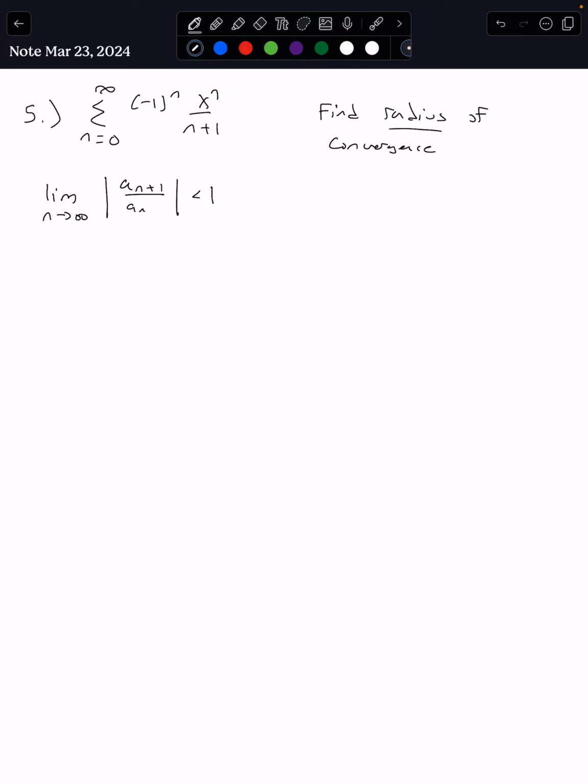So let's go ahead and take a moment and find the next term. So the next term, again, without the alternating part, is just going to be x to the n plus 1 over n plus 1. Because remember, we're just replacing the n's with n plus 1, plus 1. And that becomes x to the n plus 1 over n plus 2.